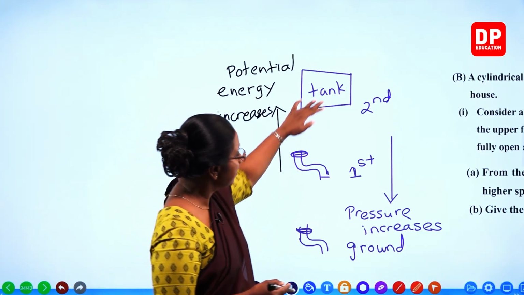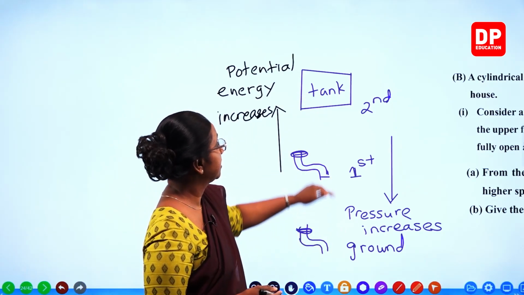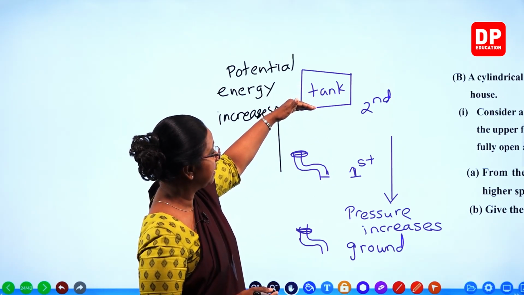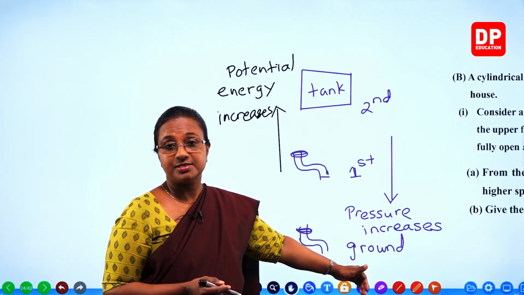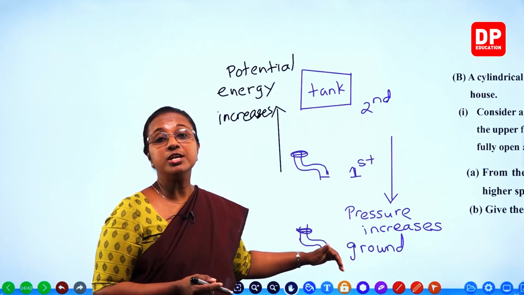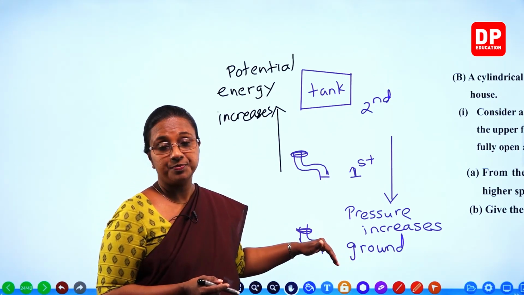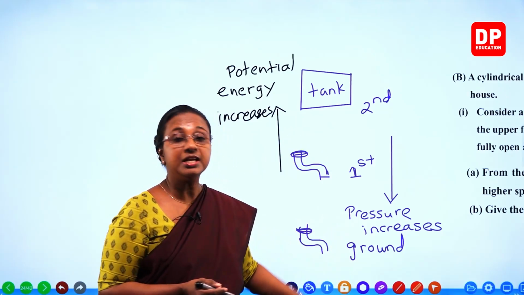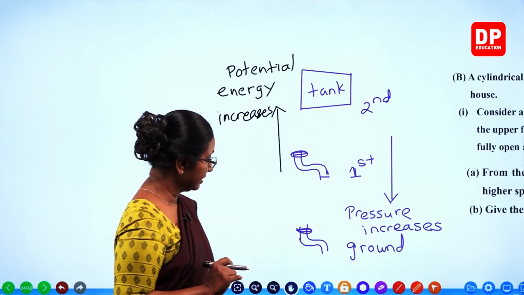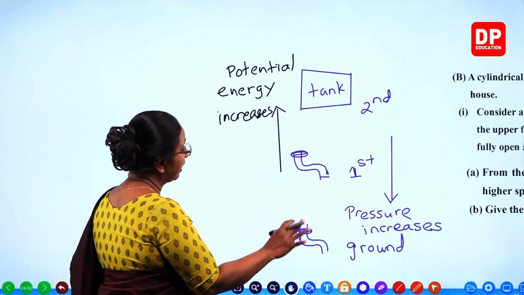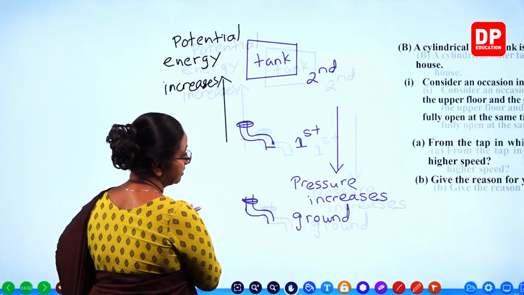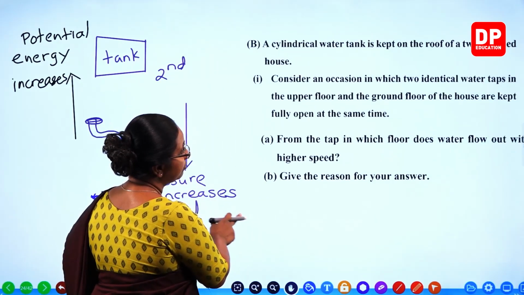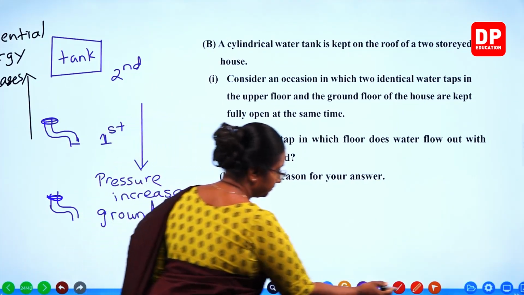At the same time, when this distance changes from the top floor where you have the tank, as you go down, the pressure of water increases because pressure depends on height of the water column. So because of that, the pressure increases. Is that clear, students? So this is the idea you can get from the information given to us.